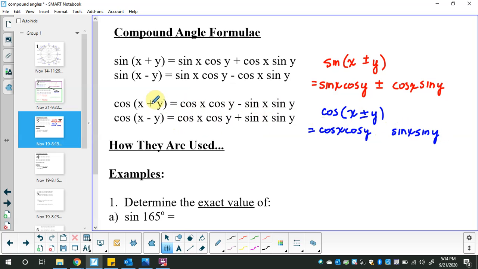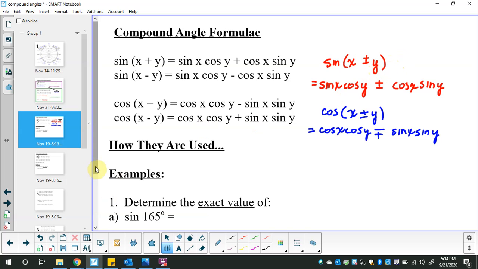But if you notice, cos doesn't maintain its sign, so this plus minus has to flip into a minus plus sign. So you may see this in textbooks in your future. You may also see it with A's and B's rather than X's and Y's, likely capital A's and capital B's. That's probably the most common thing I've seen.